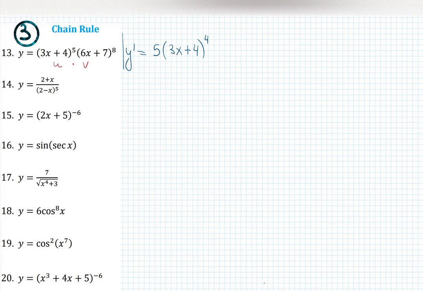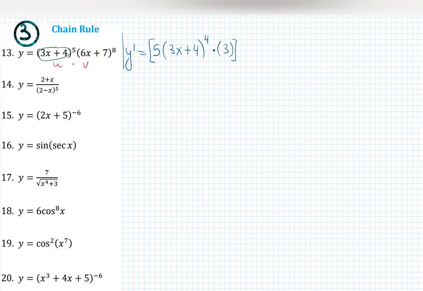Change the power to 4, decrease by 1. Then chain rule says times, look inside and differentiate the function inside. The function inside is 3x plus 4. The derivative of this function is 3.